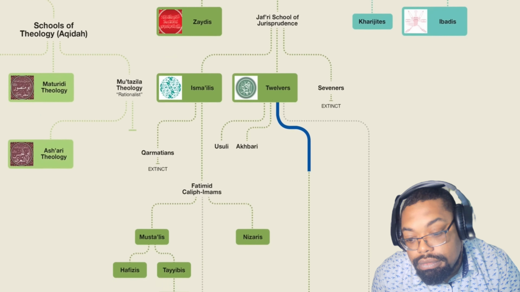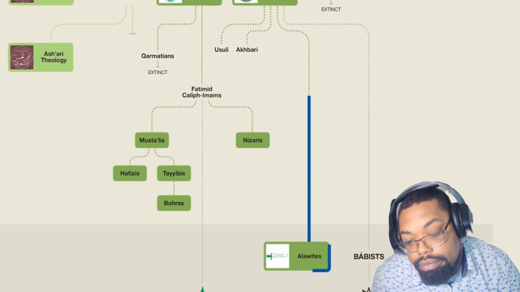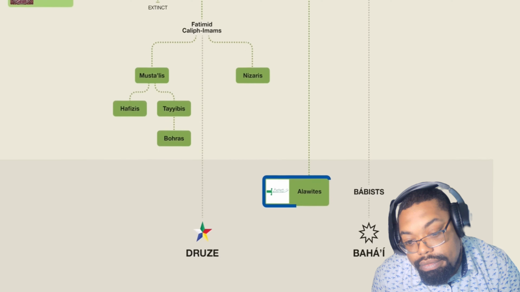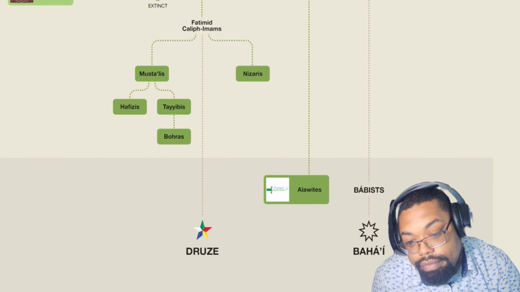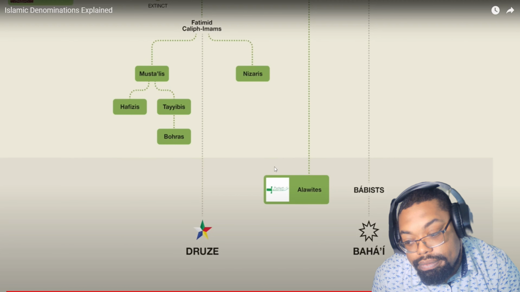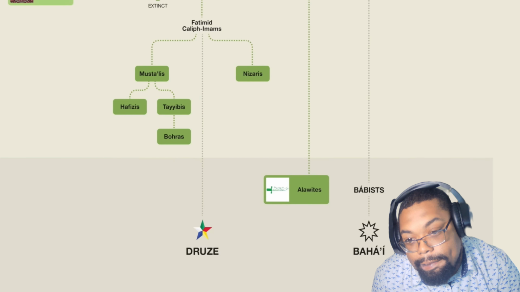One branch of the Twelvers eventually became the Alawites, who live primarily in Syria and Turkey. They're not considered Muslim by most other sects of Islam. They're often confused with the Alawis, who are in a similar disputed situation, but they're probably more of a Sufi order than a Shia subgroup.